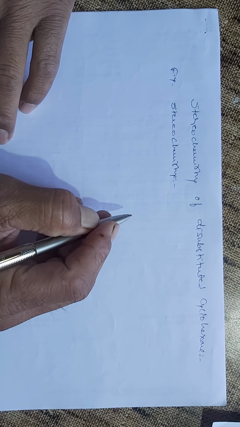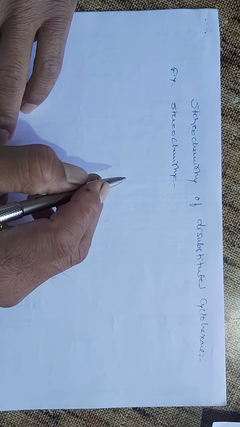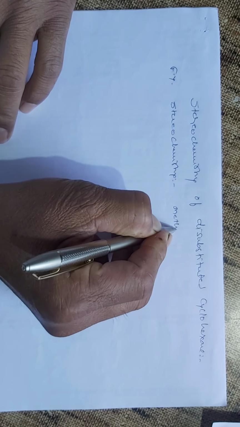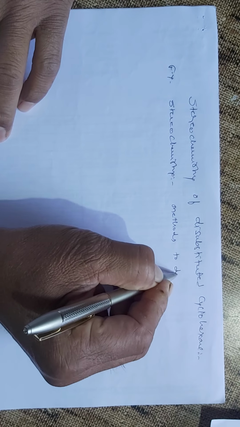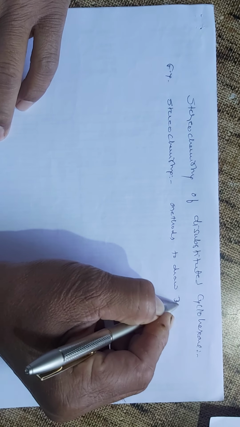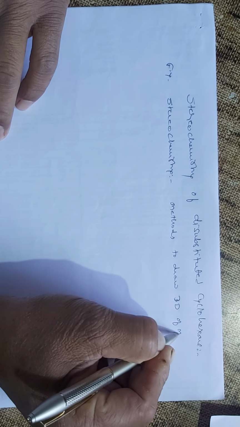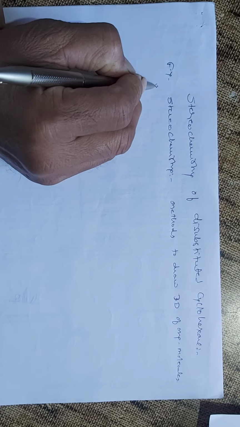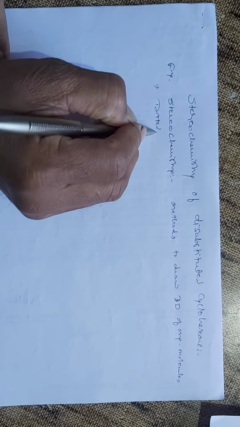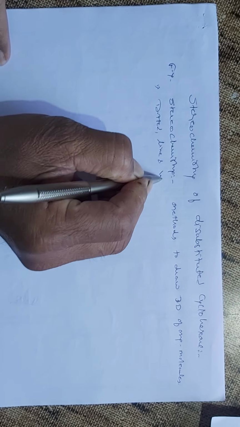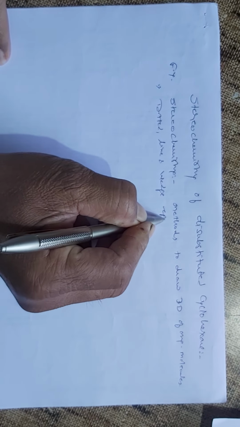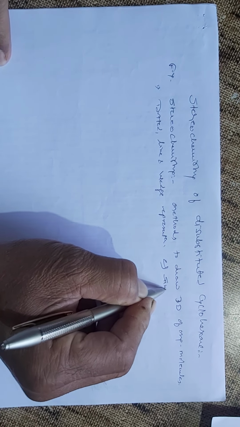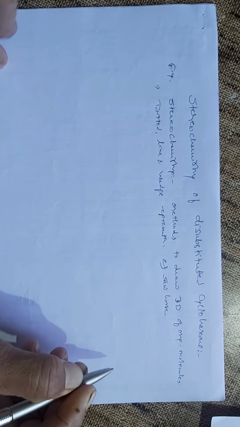And so, in stereochemistry, we have studied the methods to draw three-dimensional structures of organic molecules, in which we used the dotted line and wedge representation method. Then we used the sawhorse method.